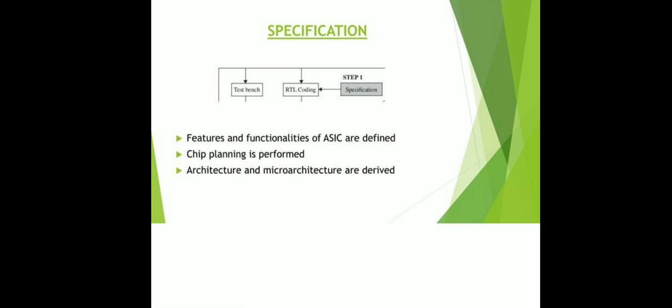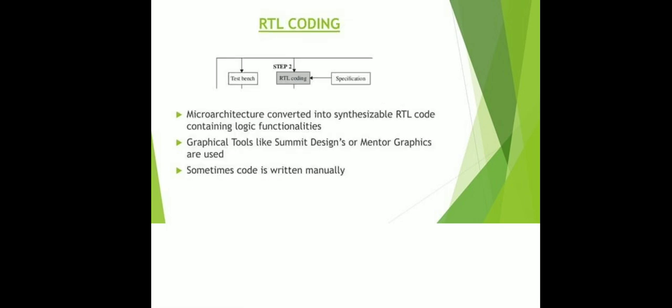Here it has the specification of the test bench, RTL coding and specification. The features and the functionalities are already defined. Chip planning is performed and the architecture and microarchitecture are derived here. In the case of RTL coding, the RTL code contains the microarchitecture, which is converted to synthesizable RTL code containing logic families.